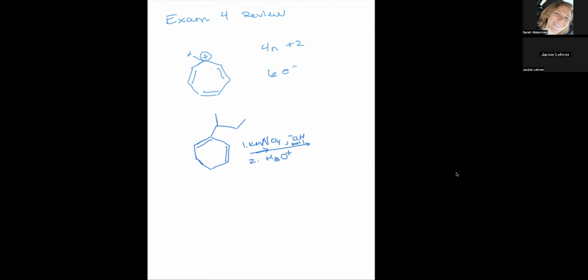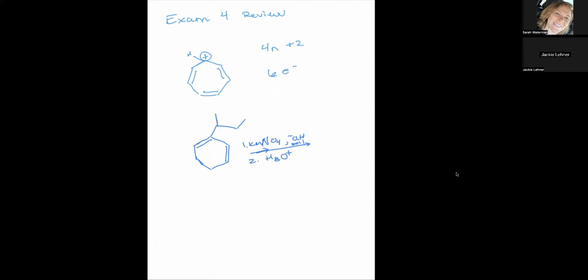Right. So make sure to do this on both sides. It's an oxidation reaction, and you end up with an alcohol.